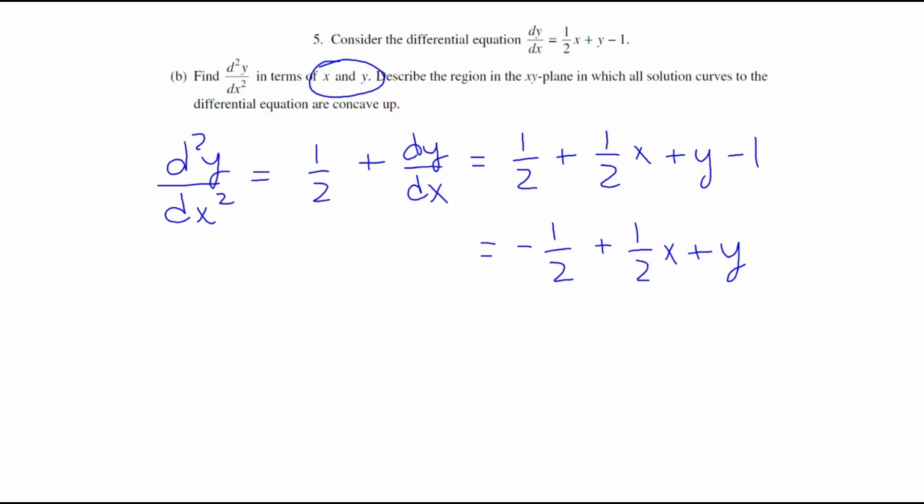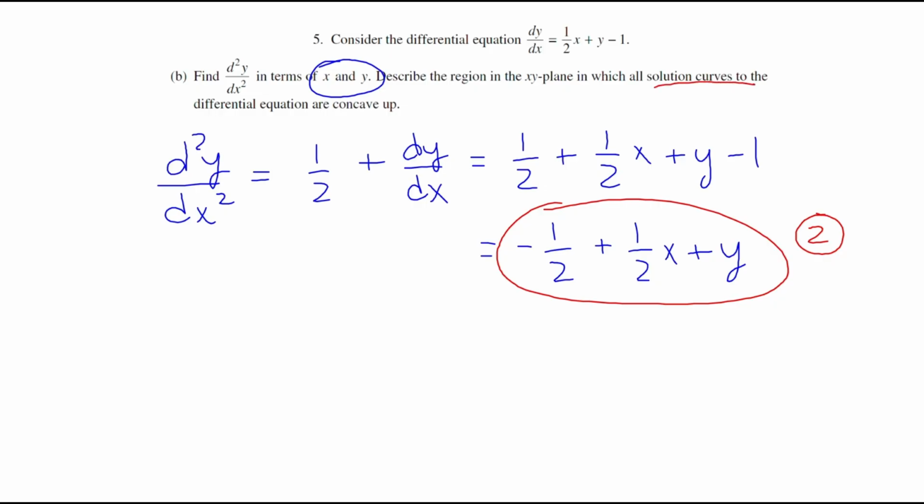And so that is our second derivative, negative 1/2 plus 1/2 x plus y. They actually gave you 2 points just for correctly getting that. And then 1 point for your description of all solution curves that are concave up. Well, the question here is, what would make this concave up? What would make y minus 1/2 plus 1/2 x greater than 0?